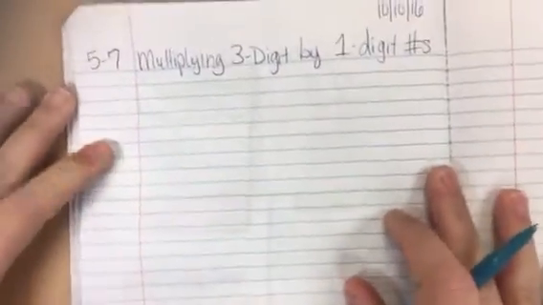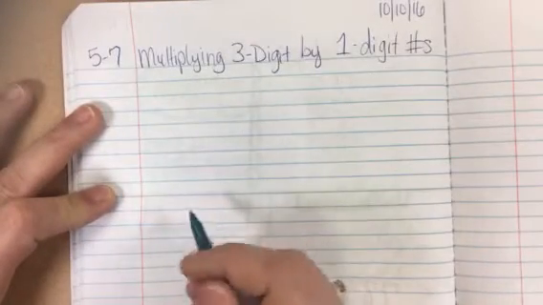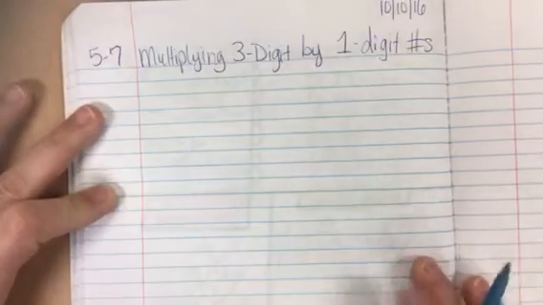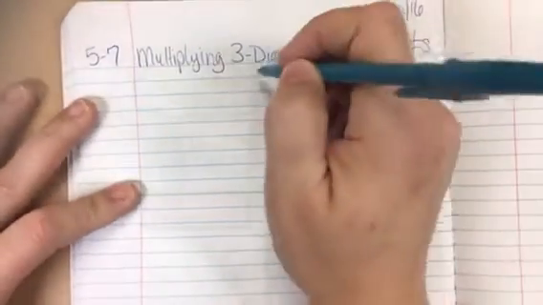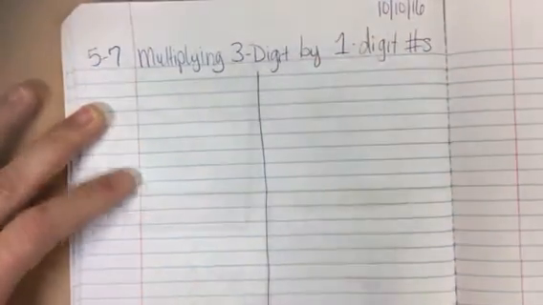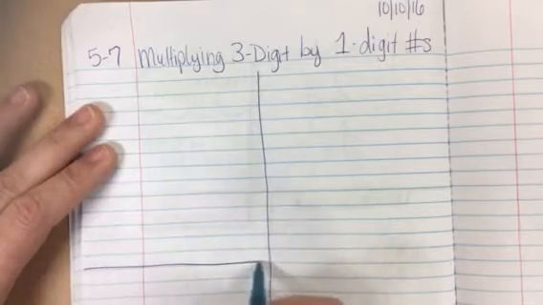Okay, so we're going to talk about our three ways of doing this, which is break apart like we did before, and then we're going to do partial products, and then we are going to do our regrouping. So I'm just going to draw a line like this, draw a line like that.